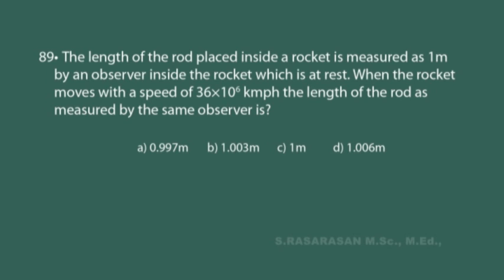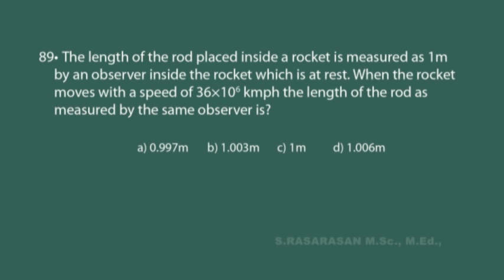So they have placed a rod inside the rocket, and they say the length of that rod is 1 meter, as measured by an observer inside the rocket which is at rest. The rocket is at rest. The observer inside the rocket is at rest, and the rod is at rest.